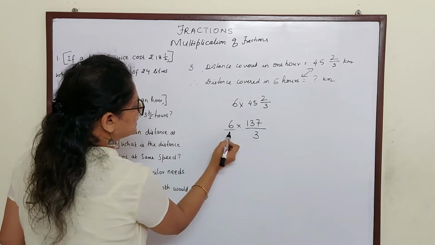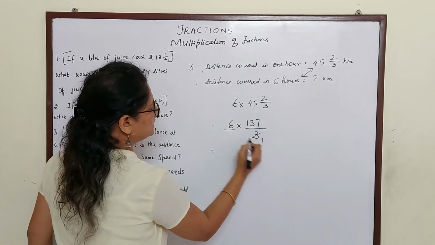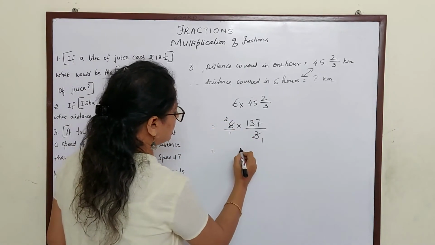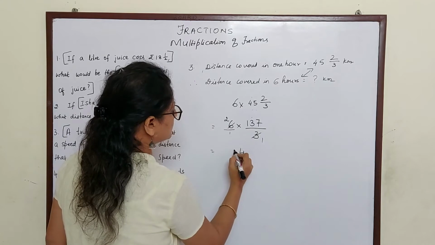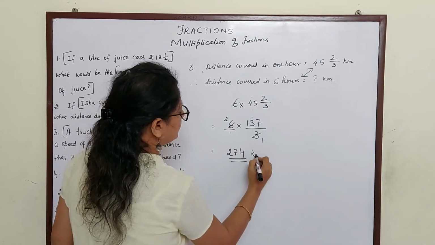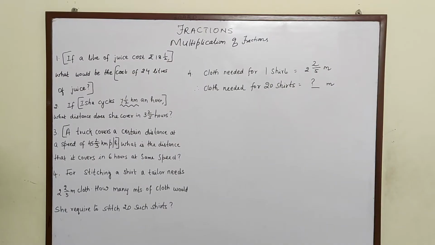Here there is nothing, so I will put 1. Now you can cancel, 3 1s are 3, 3 2s are 6. Let us now multiply this. 2 7s are 14, 2 3s are 6 plus 1, 7, 2 1s are 2. 274 kilometer. Okay children?